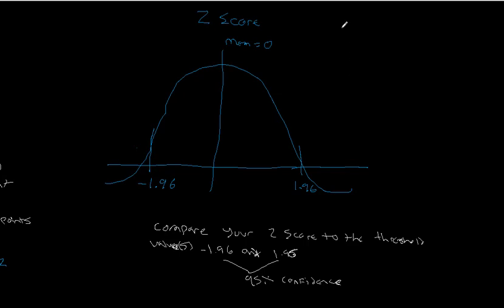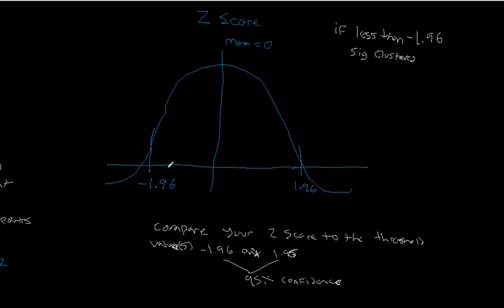So, all right, let's go ahead and repeat that, right? If less than negative 1.96, you are statistically significant. You're significantly clustered.